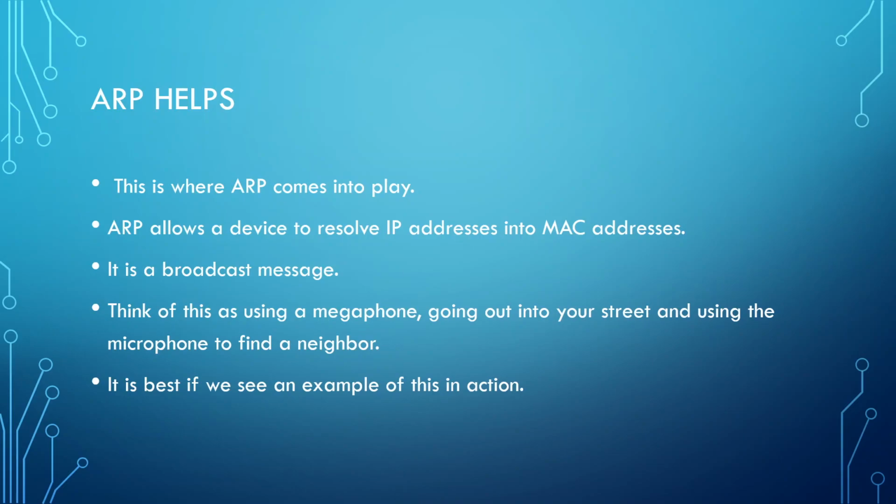All he knows is that Bob's in the same street, so he wants to find out where Bob lives. What does Brad do? He picks up his megaphone, goes out onto the street, and belts out, "My name's Brad, I'm looking for Bob. Can anybody tell me where Bob lives?"